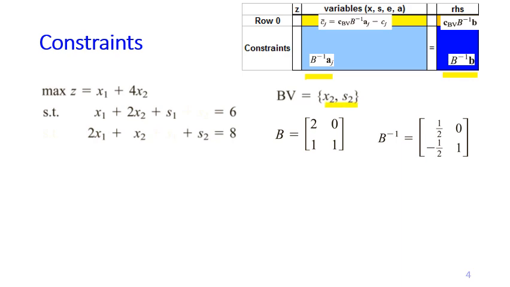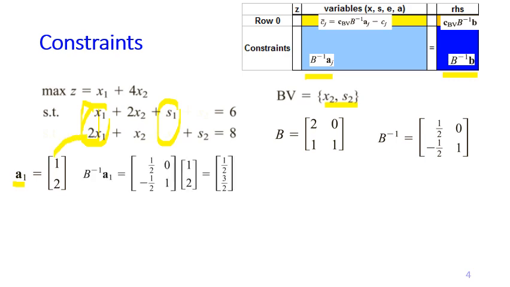For the non-basic variables, we need to calculate the columns. The non-basic are x1 and s1. For x1, the column of a1 is 1 and 2. And then B inverse times a1 gives the column of x1 in the optimal table.